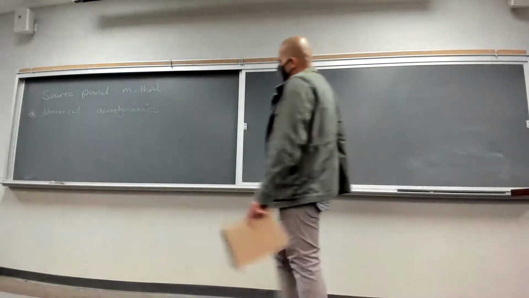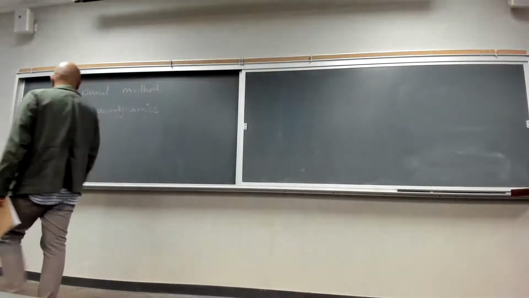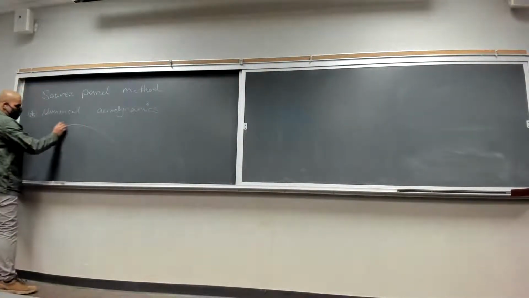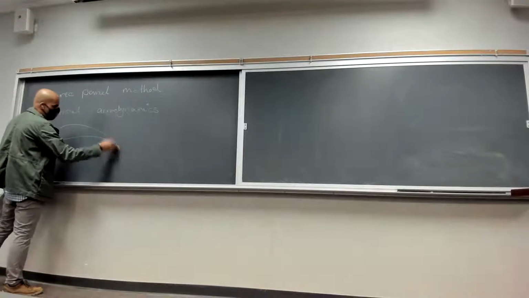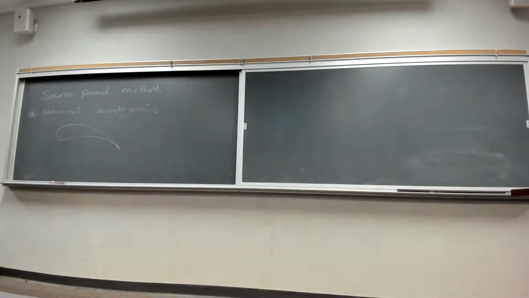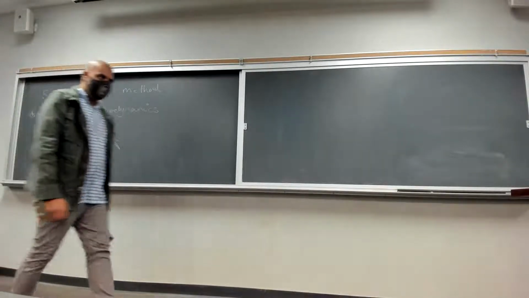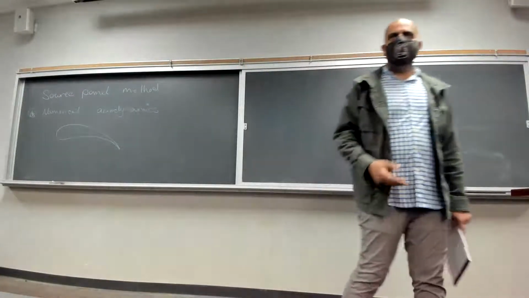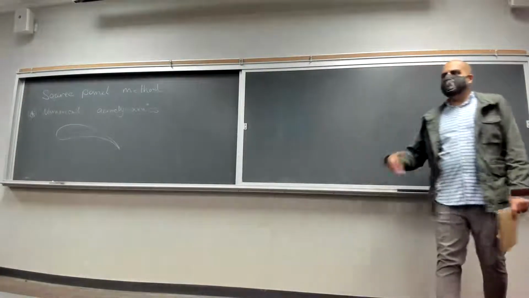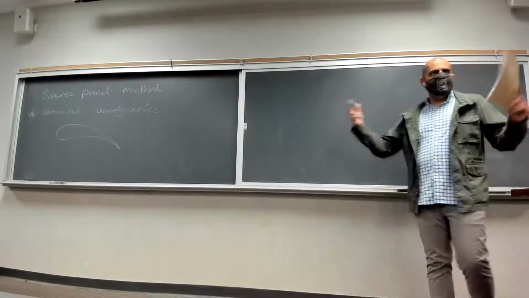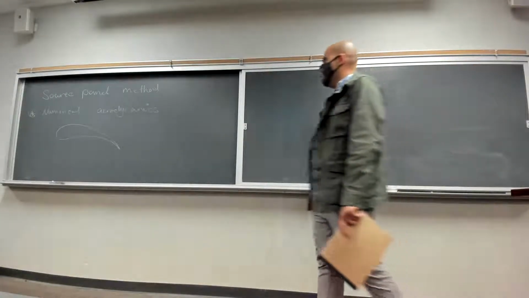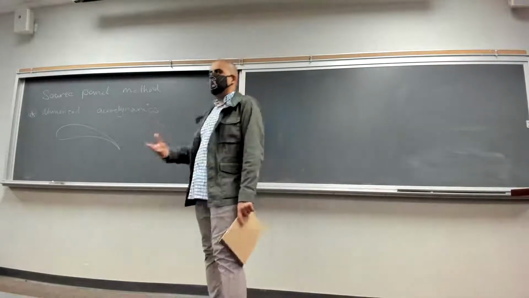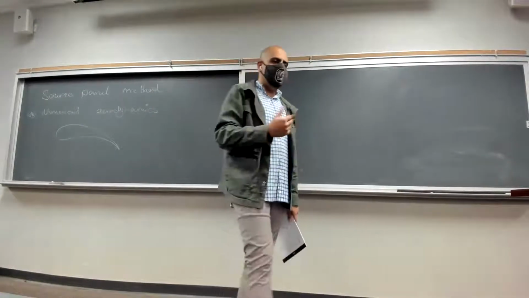But what will happen when your geometry is not just a simple cylinder? It's something like this. How would you analyze a flow like this? Can we use the elementary flow we have already talked about? In principle, yes, we can, right? Because we don't have any limitation. As long as you are in the inviscid, incompressible aerodynamic regime, you should be able to use the elementary flows or potential flow theory to analyze this airfoil.